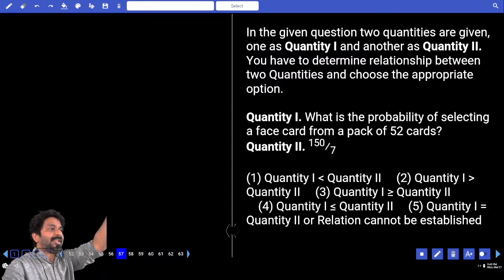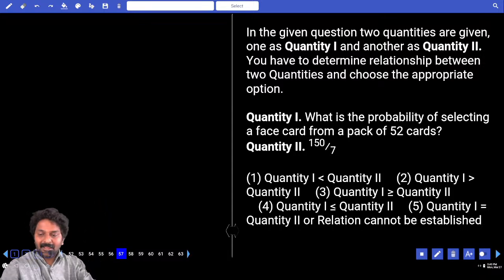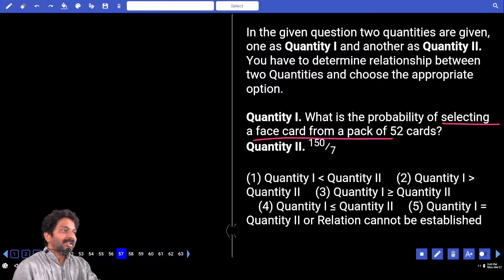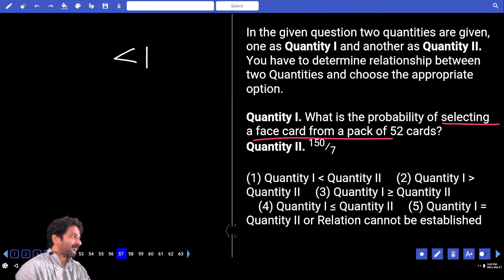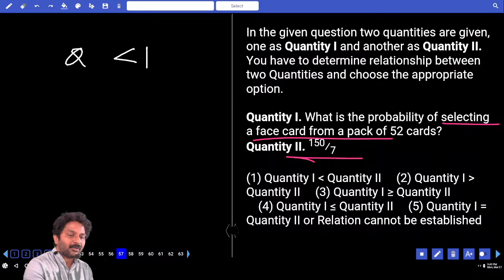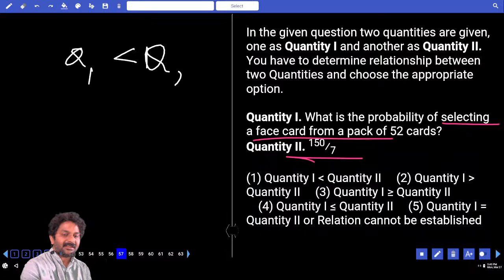Total probability in any case must be 1. Out of that, we were asked to calculate about a special case. That will be definitely less than 1 only. Total probability is 1. We were asked to calculate only a particular probability. Definitely less than 1. Q2 is more than 1. Without solving, I can say Q1 is less than Q2.